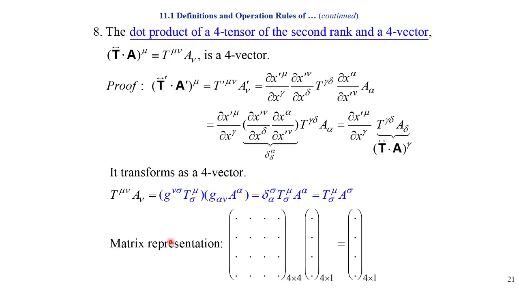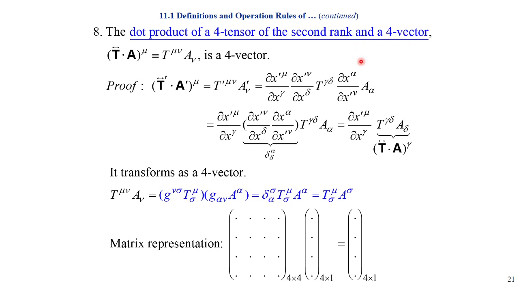Item number 8. A dot product of a 4 tensor of the second rank and a 4 vector. That's not an inner product of two vectors; it's a 4 tensor of the second rank with an inner product with a 4 vector.